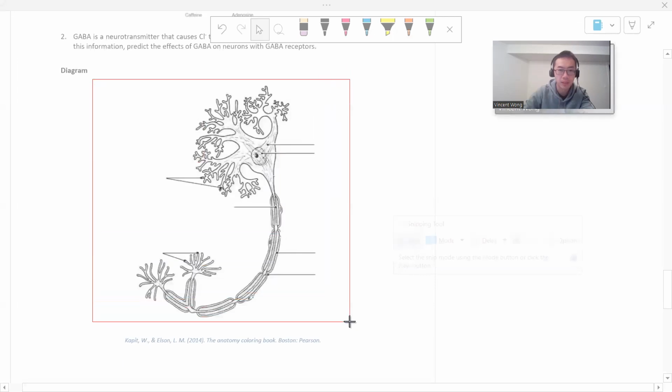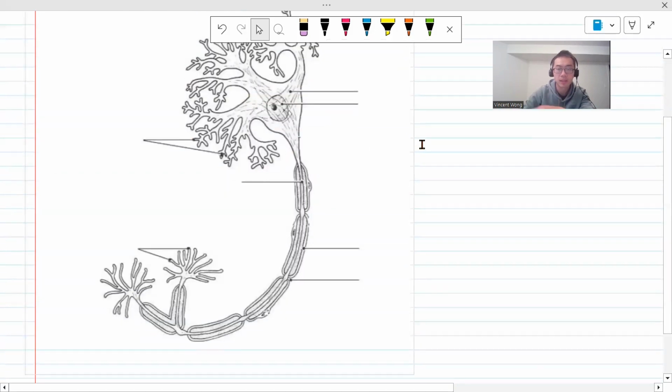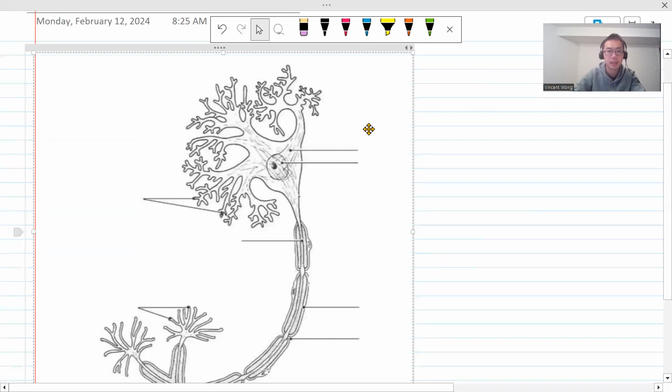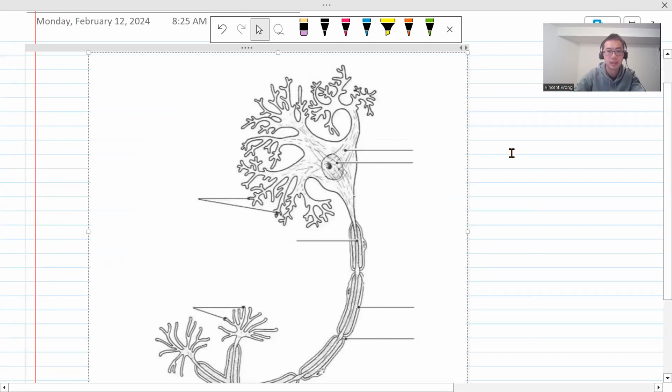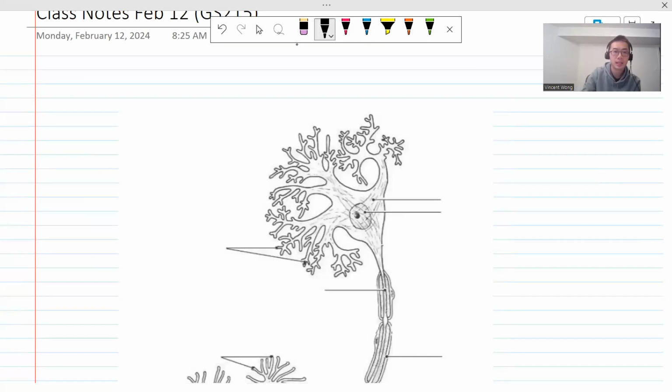So there is the neuron. This is the structure of a neuron.